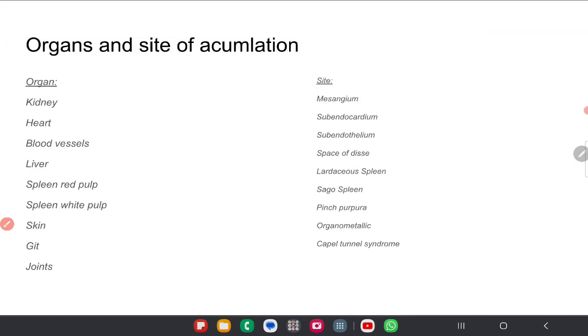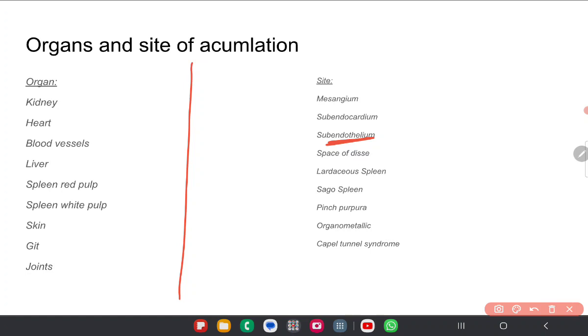Then next, organs and sites of accumulation. So everyone, please take a screenshot of it. You can clearly distinguish the organ and the site where accumulation takes place: kidney, in the mesangium; heart, subendocardium; blood vessels, between the endothelial cells; and liver, the space of Disse.